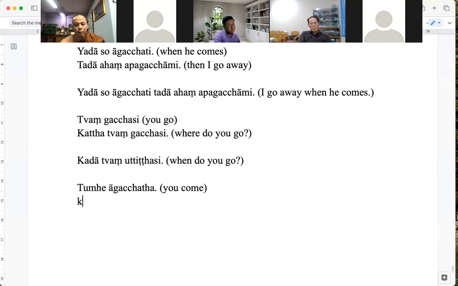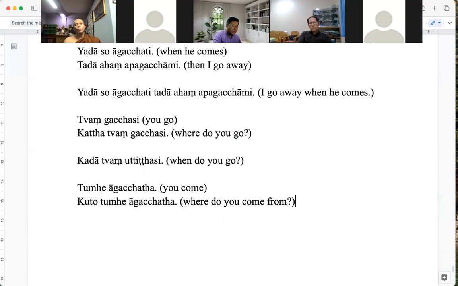But kuto tumhe agacchatha. Where do you come from? So in this way, we can use the demonstrative adverb, relative adverb, and then interrogative adverb.